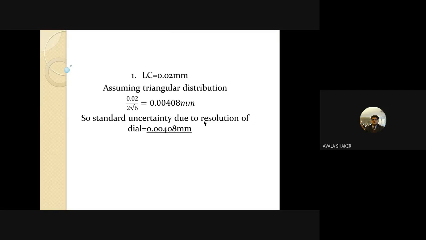Since this is a single reading, I have used a triangular distribution. Normally in a lab we don't do this, but the instrumentation uncertainty is also important. If it is negligible compared to your other uncertainties, you can neglect it, but if it is not, then you'll have to consider it.